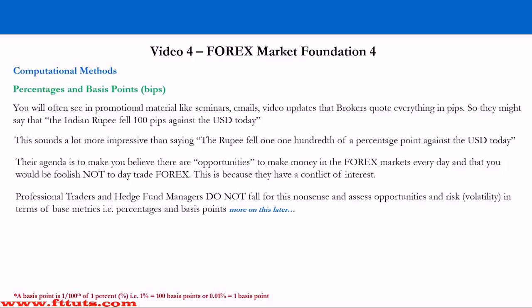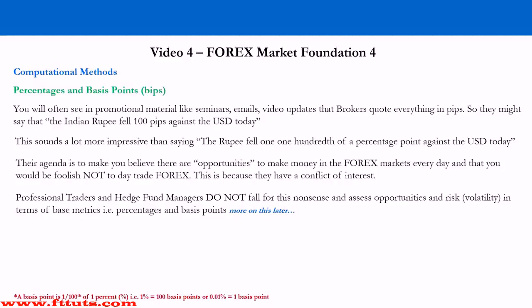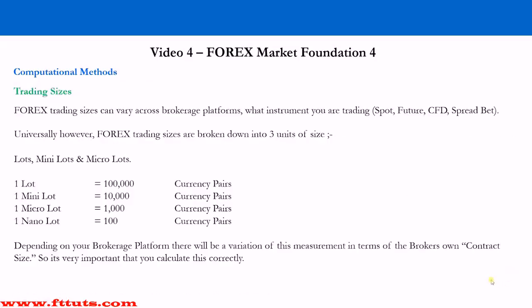But we do things properly. We want to be professional traders here, so we do what professional traders and hedge fund managers do, which is calculating everything in percentages and basis points and capturing and understanding volatility. So we understand the basics there of pips versus percentages and basis points. Let's just leave that there. We're going to come back to volatility later.